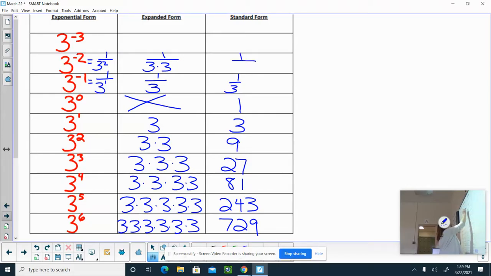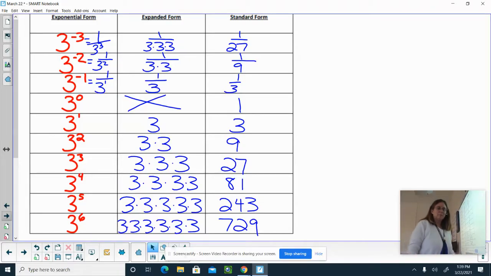Multiply that out, 1 over 9. This is the same thing as 1 over 3 to the 3rd. So that's 1 over 3 times 3 times 3, which is 1 over 27. So there, the pattern continues depending on the base number.